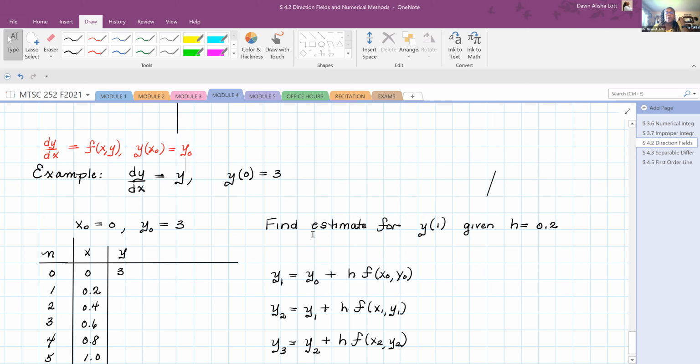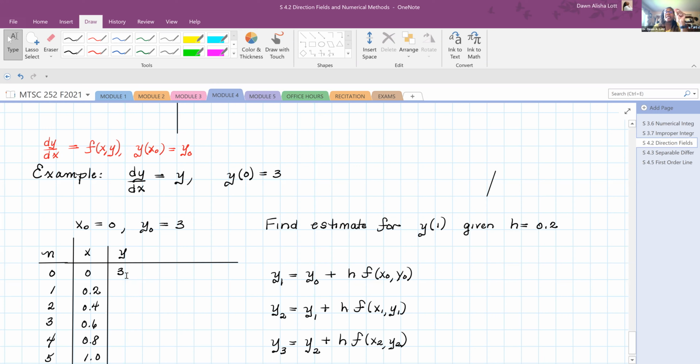Now I'm telling you I want to find an estimate for y of 1, and I tell you what my step size h is. So that means knowing that my h is 0.2, my x's are going to go up to 1: 0, 0.2, 0.4, 0.6, 0.8, and then 1.